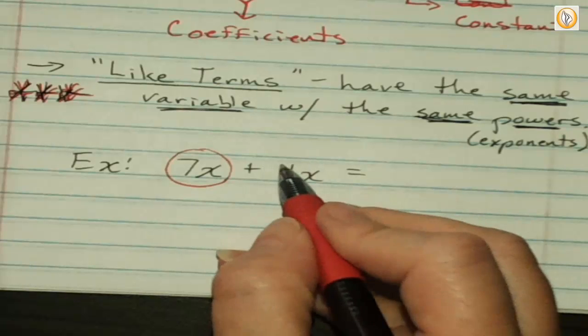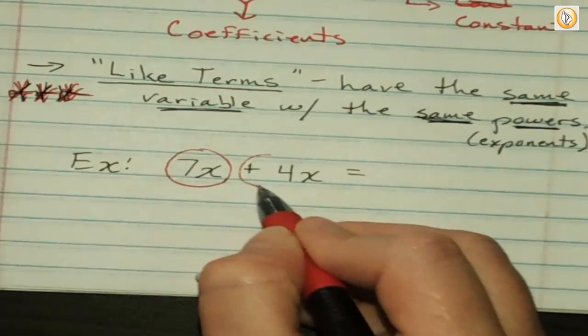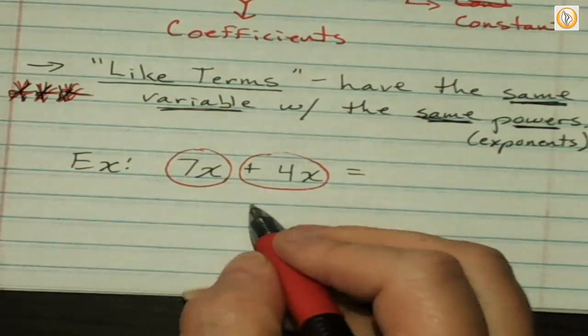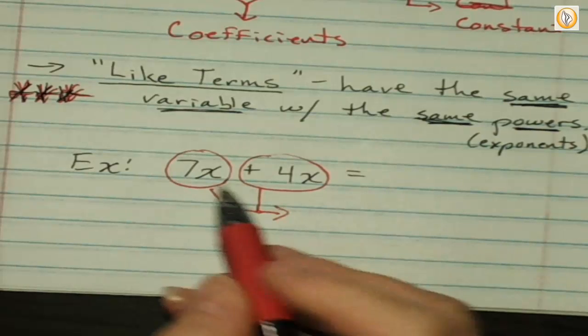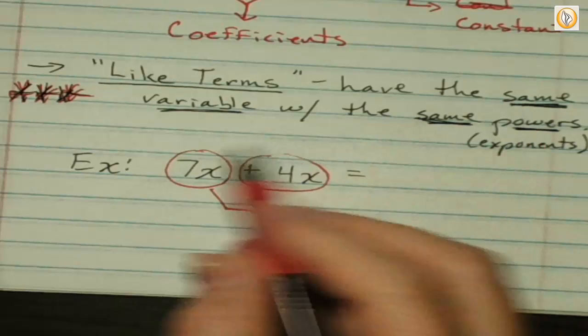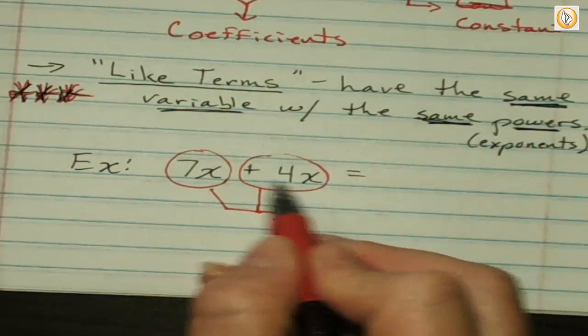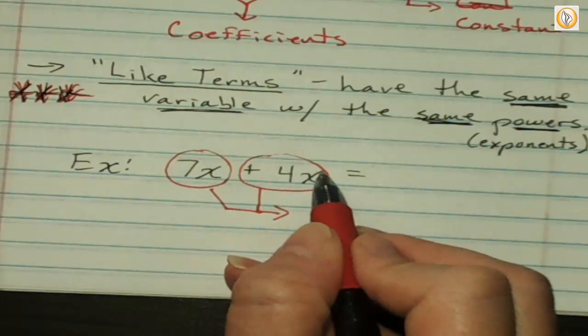Circle the 7x, and you're also going to circle the sign in front of the plus 4x. They have the same variable with the same powers. This isn't an x squared and an x cubed.